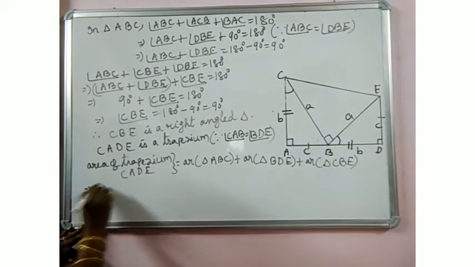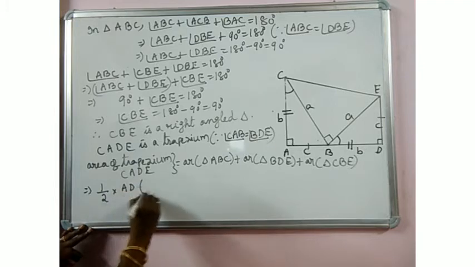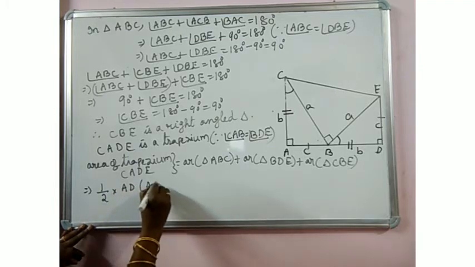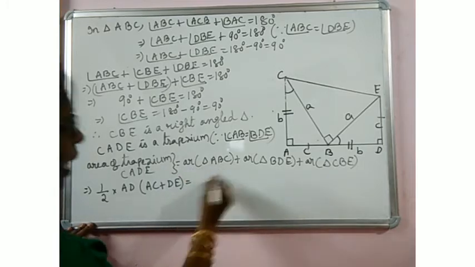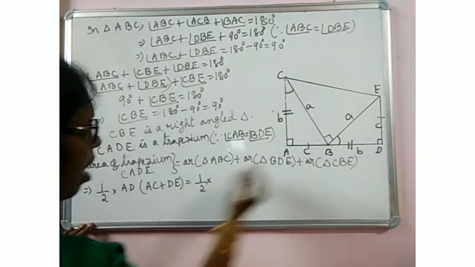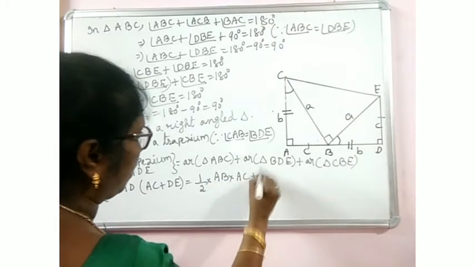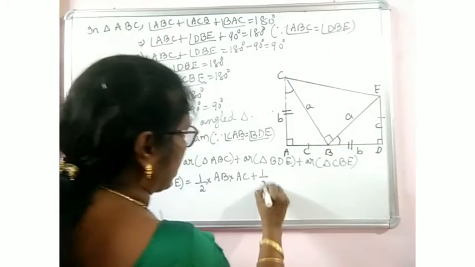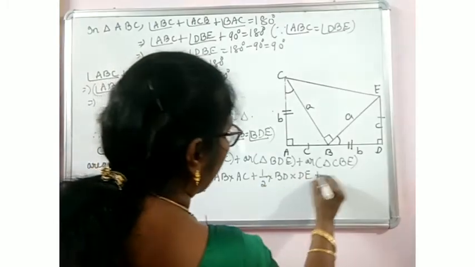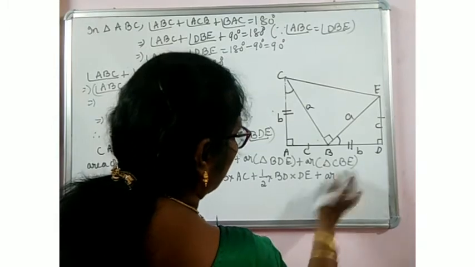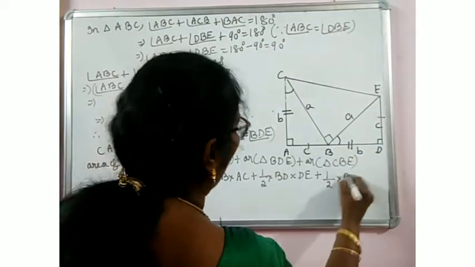So this implies half h, that is AD, into sum of the parallel sides AC plus DE is equal to area of triangle ABC, half AB into AC. Area of triangle BDE is half BD into DE, and area of triangle CBE is half BE into BC.